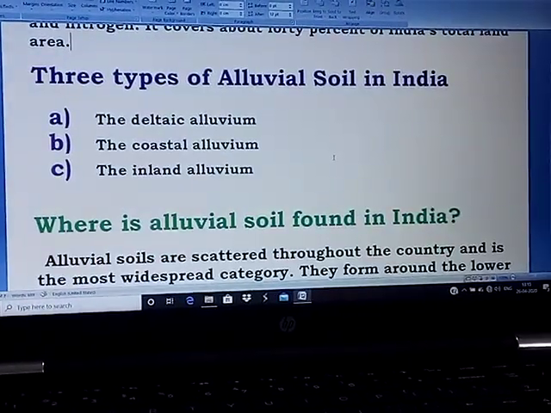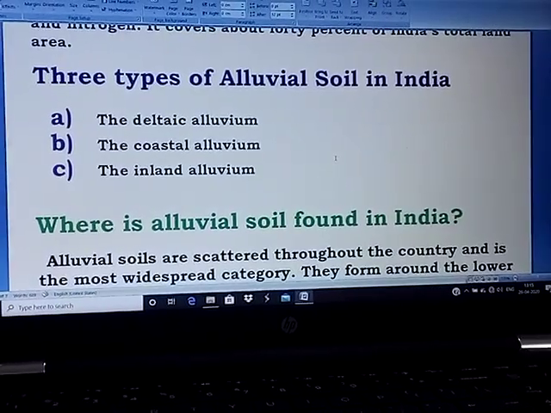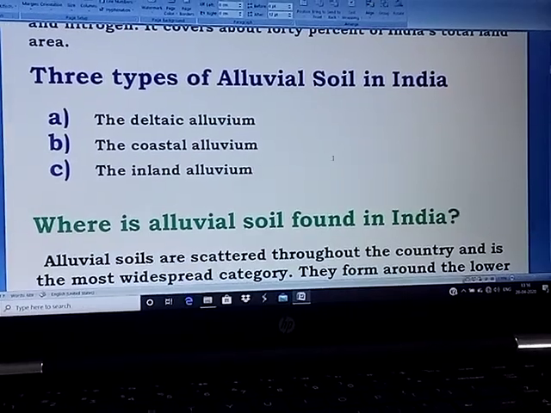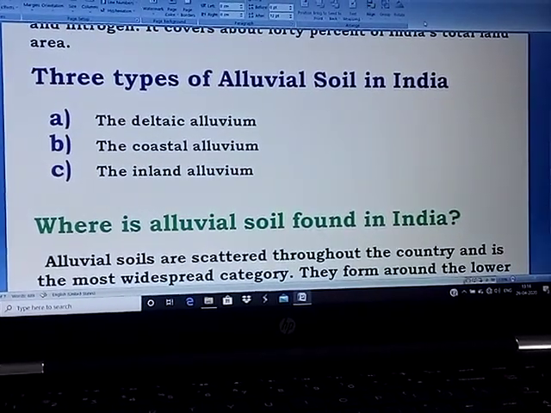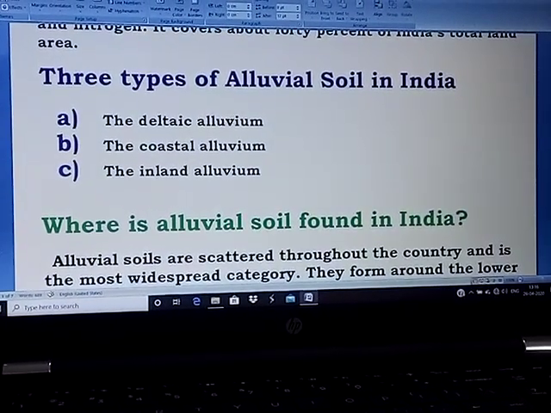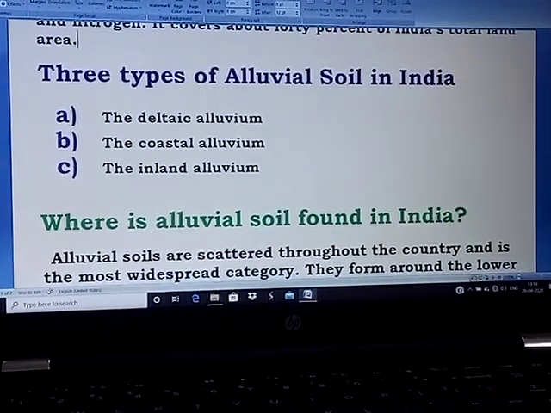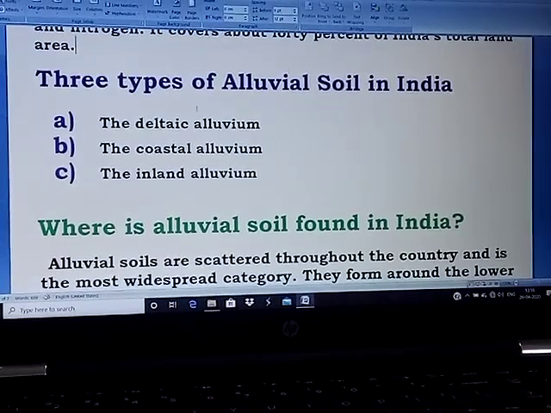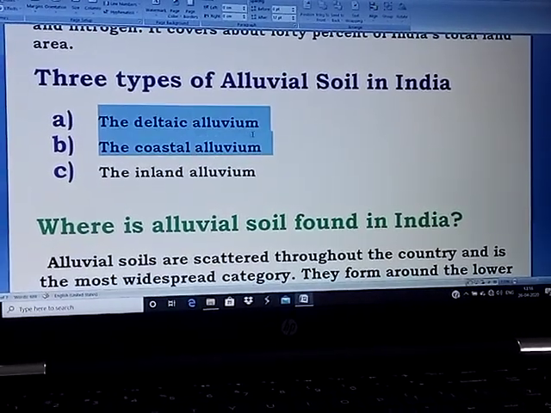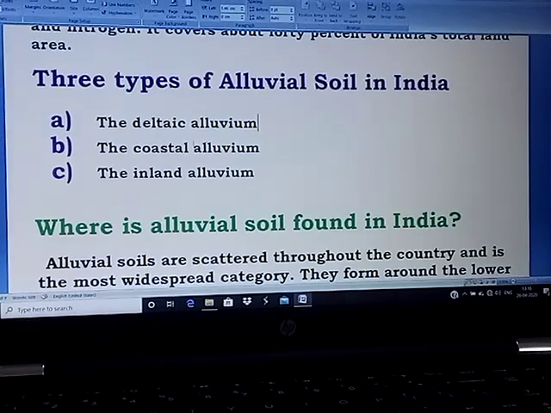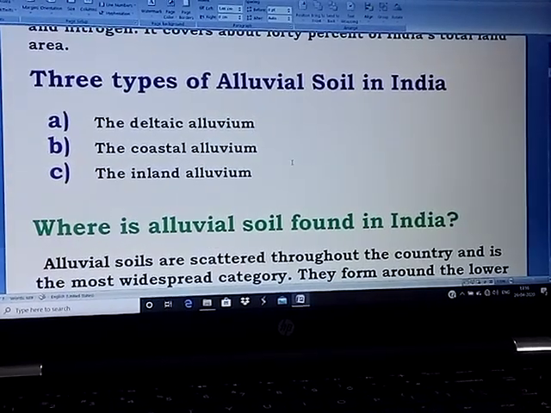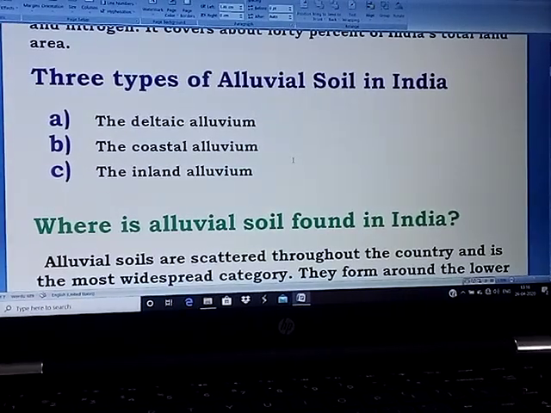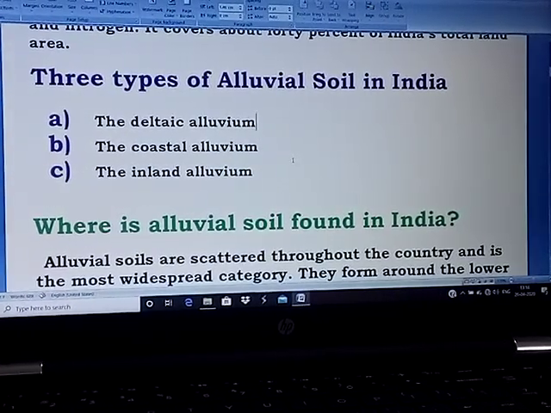Now there are three types of alluvial soil on the basis of the alluvium present in them, and actually they are in three main regions. In the delta region at the mouth of all the rivers, we have the first type of alluvial soil, the deltaic alluvium. Next is the coastal regions. India has three sides of the peninsula surrounded by water.